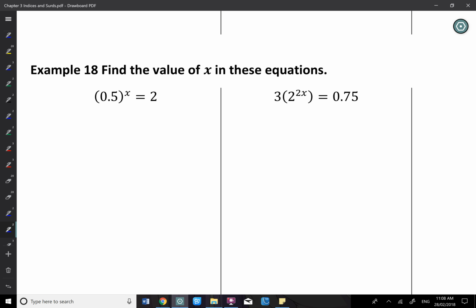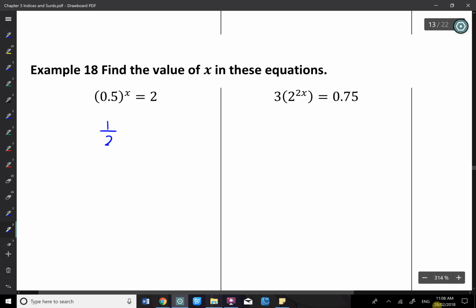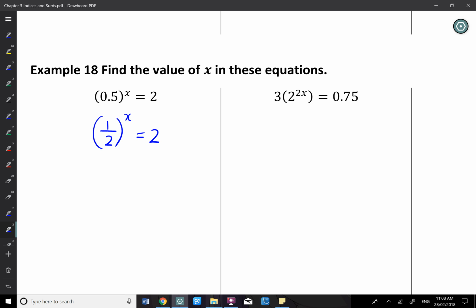0.5 is a half. It's a half to the power of x equals 2. So a half and 2 are related, so they can become each other. How can a half become 2? Think about power, don't think about times something.